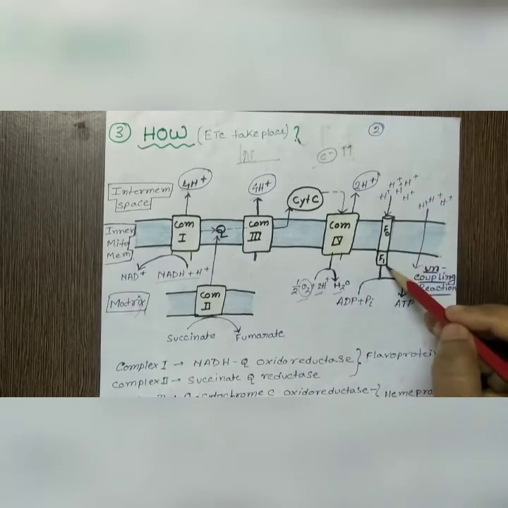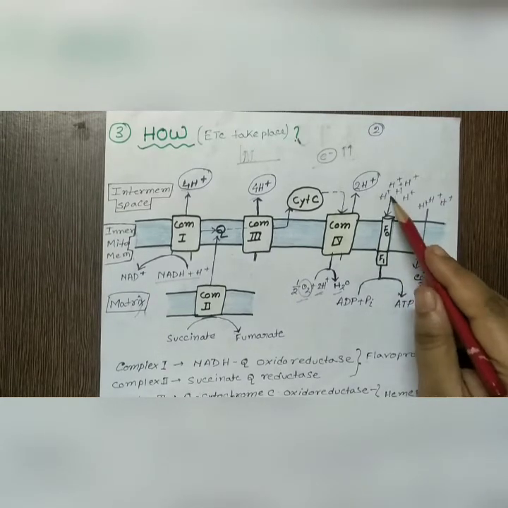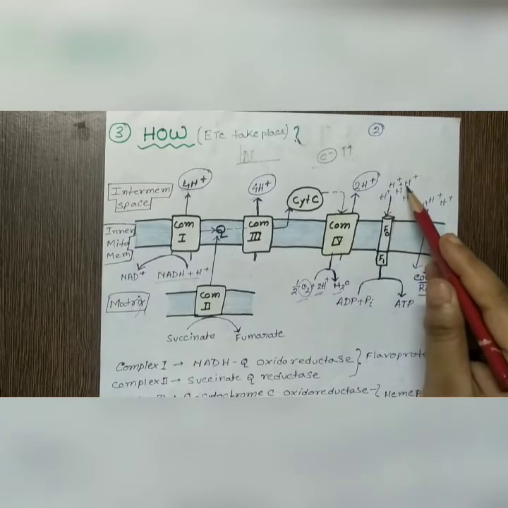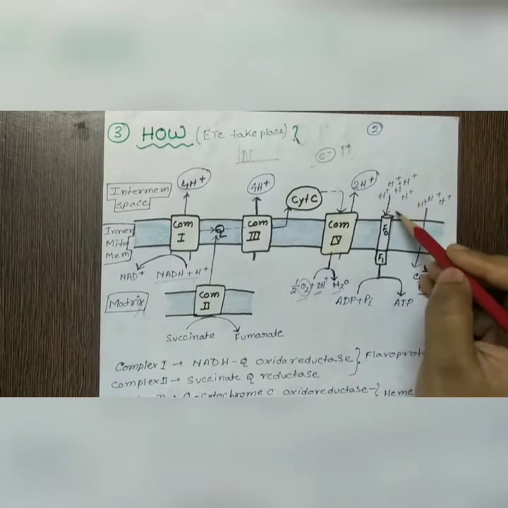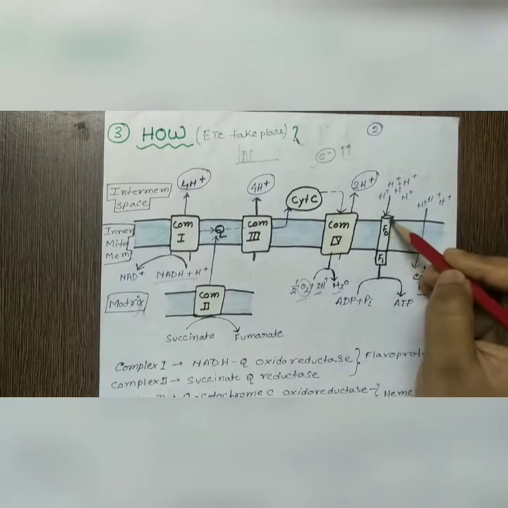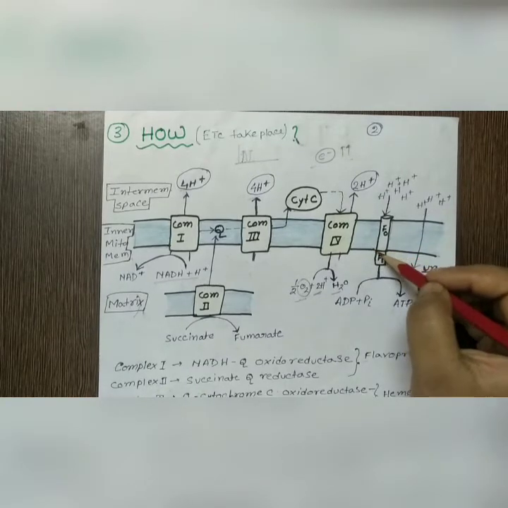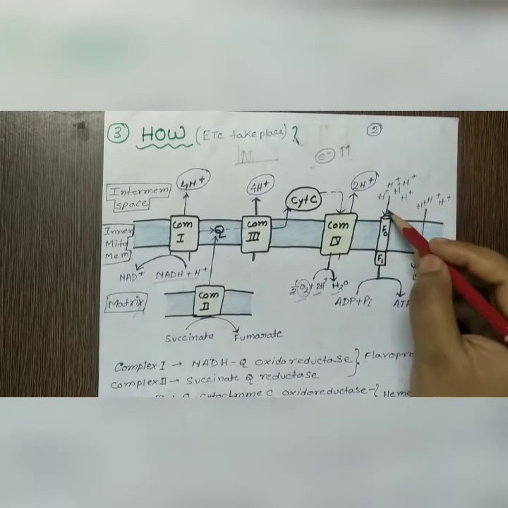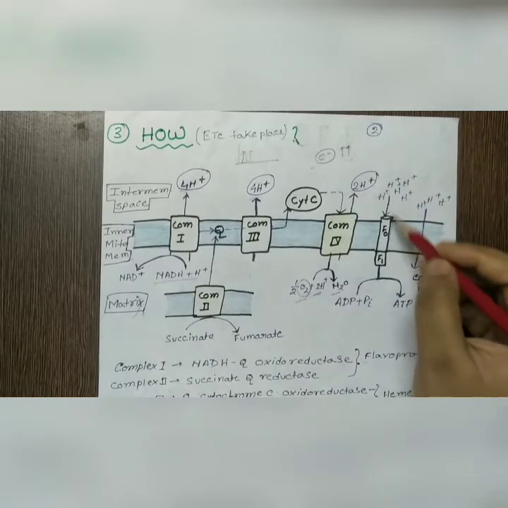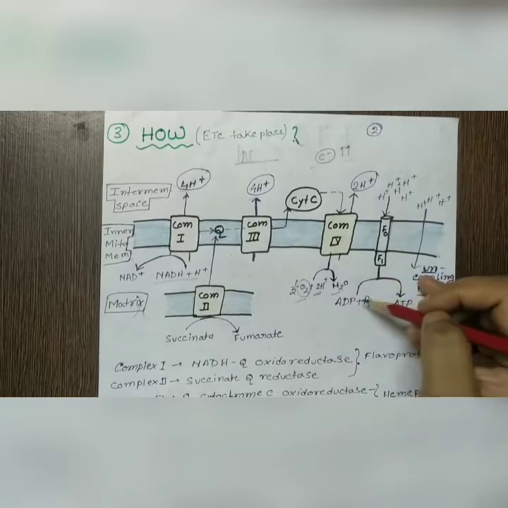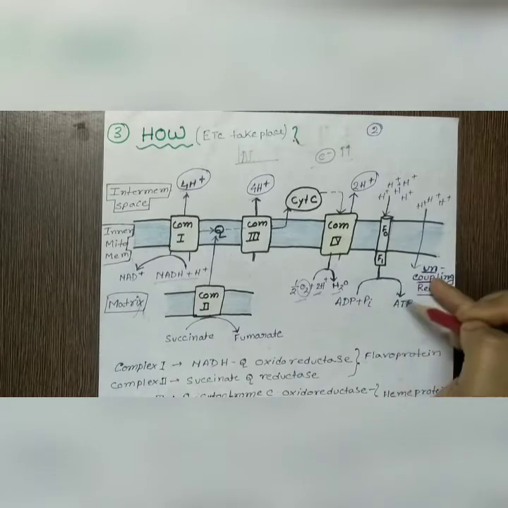This is called ATP synthase, and this pump rotates when the protons come in contact with it, which is embedded in the inner mitochondrial membrane, that is F0. It rotates and they come back into the matrix, and when they come back into the matrix, ADP and phosphate join and form ATP.